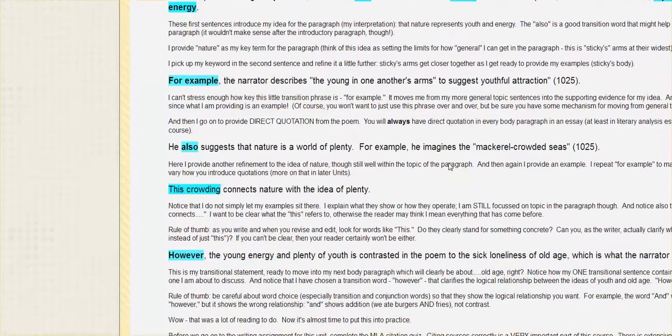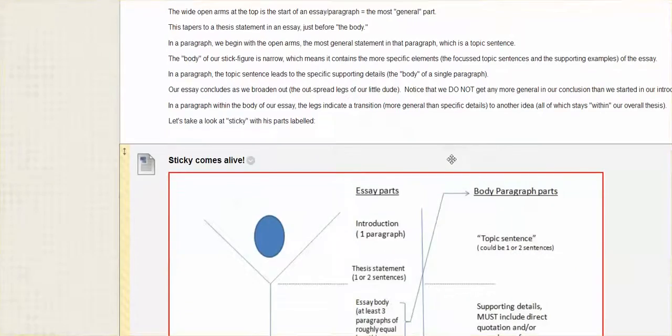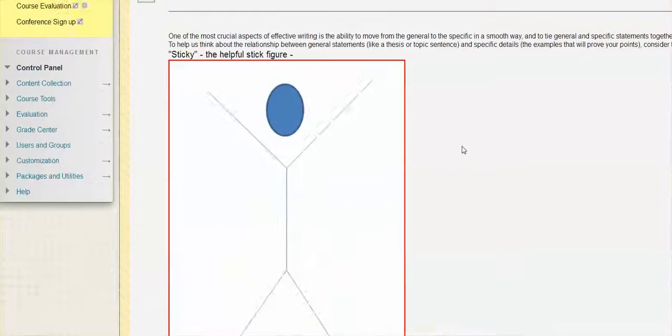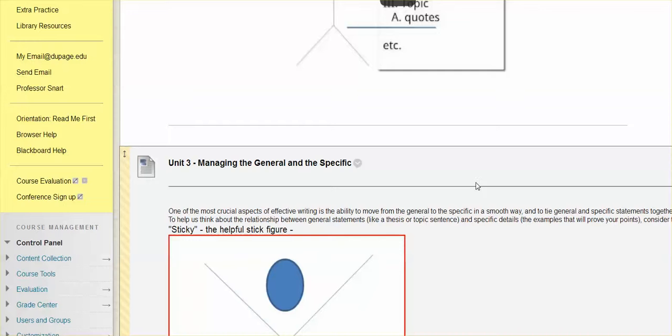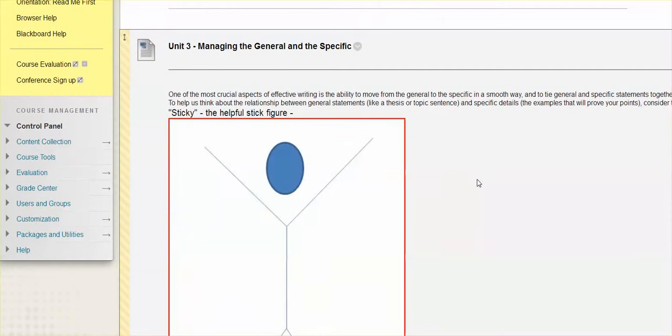So again, it's lots of the same thing being explained, maybe mainly because this is one of the most central concepts in our composition class. This is the main composition idea that I really need to see that you've worked through, understand, and can then apply in the paragraph assignment for this unit, but also, of course, for the essays themselves.